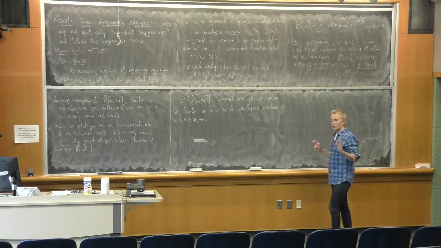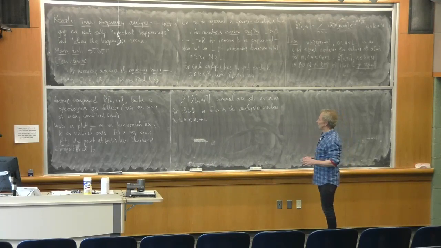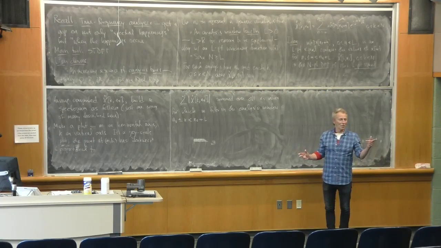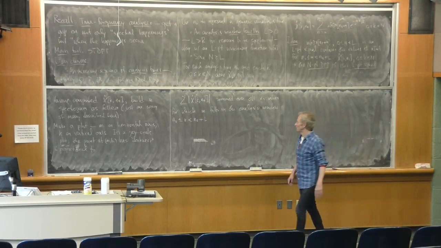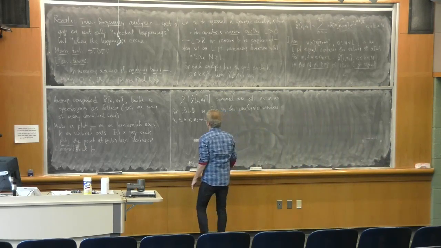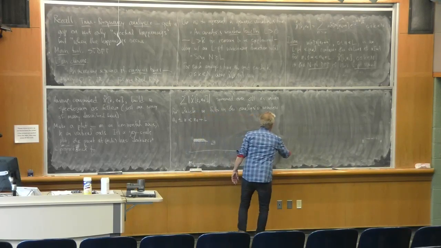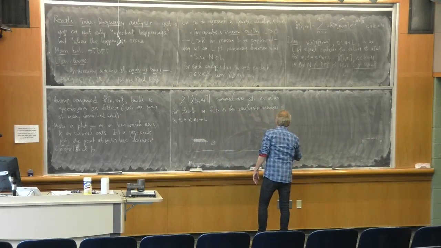Again, it's a mouthful. It's a bunch of notation. Let me draw a picture. Is that all right? You object? Okay, good, you don't object. Here's a picture. So you think of m as running on this axis.